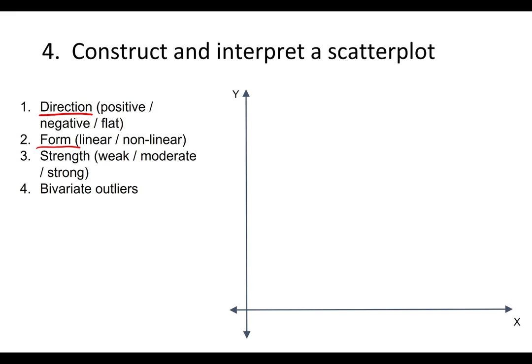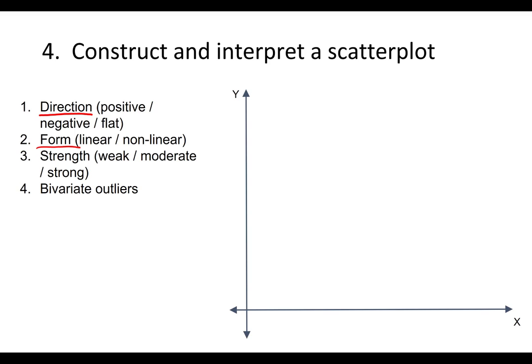Second is the form or the shape of the line of best fit. If the line of best fit is a straight line, then we have a linear relationship. In this course, we're going to focus on these linear relationships. It is possible to have a nonlinear relationship.